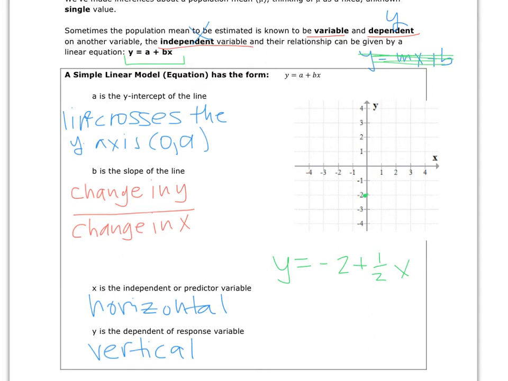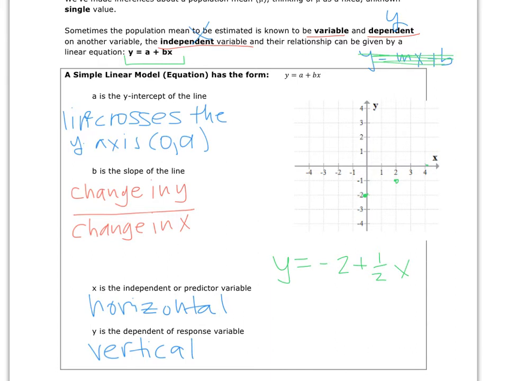All right, the 1, that +1, tells us what the change in y is. So that +1 tells us to go up 1. All right, so we go up 1, and then the 2 tells us to go right 2. That's the change in x. So if we go up 1 and to the right 2, we get a point at 2, -1. And then we can do that again to get another point. The 1 tells us to go up 1, the 2 tells us to go to the right 2, and we can get another point.